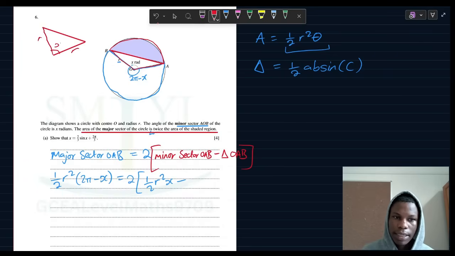This angle here is x. So we can say that this is A, that's B. So it's half r times r sine of x. So half r times r is just r squared times sine of the angle between those two lines, which is x.